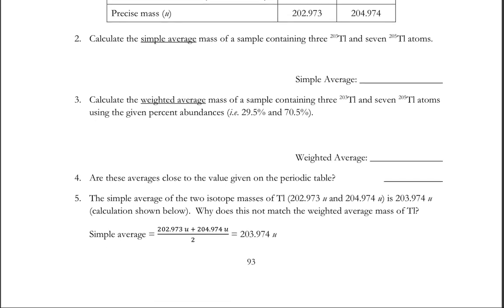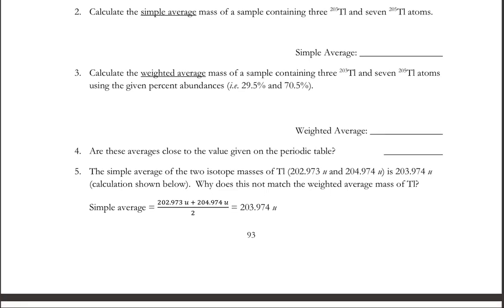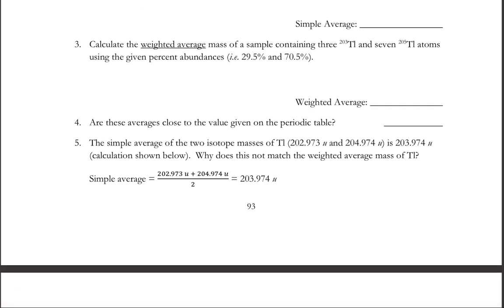They definitely should be. So the simple average of 2 isotope masses, so that would be just adding together the mass of the one isotope plus the mass of the other isotope divided by 2.